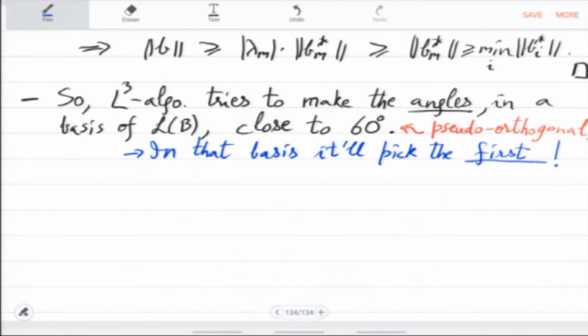It will try to orthogonalize as much as possible around a 60 degree angle, and then once it has found the basis, in that basis it will just pick the smallest one and output. Okay, this is roughly the idea which we will now implement. So let us define this basis now properly.